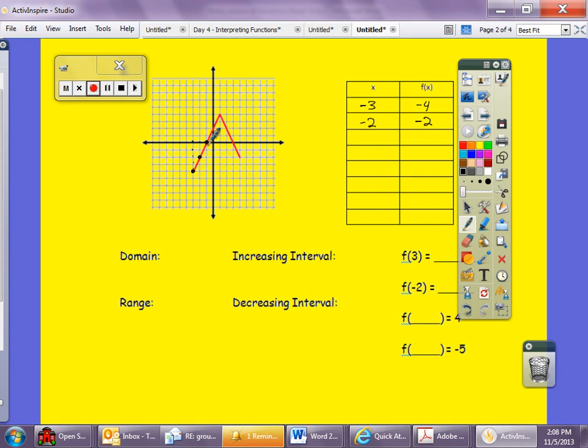When x is -1, we have 0, so it's (-1, 0). When x is 0, f of x is 2. When x is 1, we have 4. When x is 2, we have 2. When x is 3, we have 0. And when x is 4, we have -2. So that's how we filled in this table.